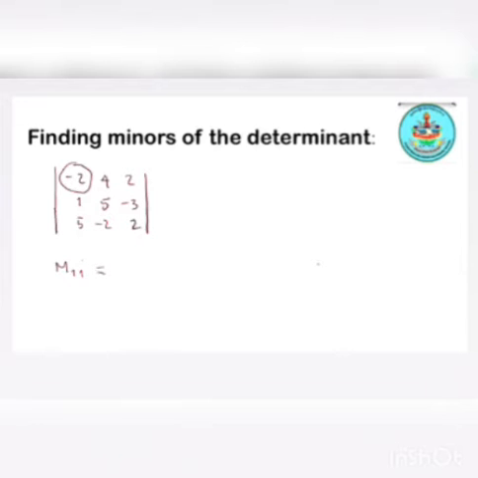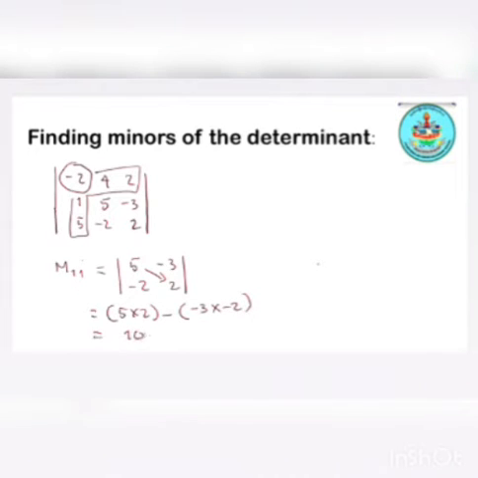So what you will do is just ignore the intersecting elements. When we ignore them, we are left with 5, -3, 2, 2. So just cross multiply: 5 times 2 minus -3 times -2. So 5 times 2 is 10, minus, so minus times minus gives plus 6. So 10 minus 6 is 4. So our minor is 4.